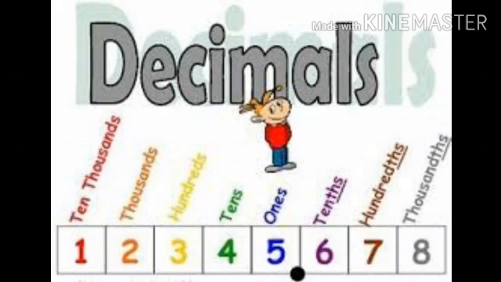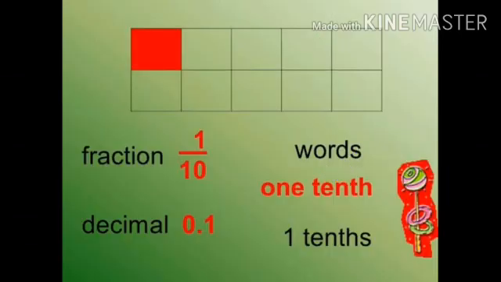Now, we will discuss each digit of decimal part. First digit is 1/10. A rectangle is divided into 10 equal parts and one part is shaded. So, its fractional form will be 1/10 and it can be written in decimal form as 0.1.